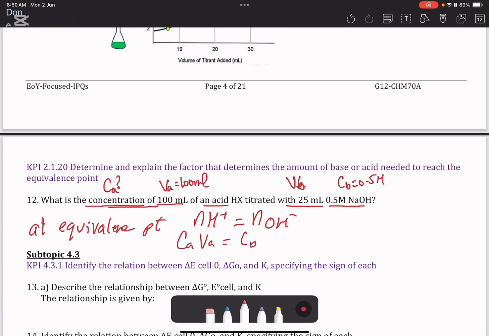Therefore, I can write CaVa equals CbVb. So Ca times 100 equals 0.5 times 25, and the final answer, the concentration of the acid, is 0.125 molar. Note that we don't need to convert the volume into liters since both of them are in milliliters.